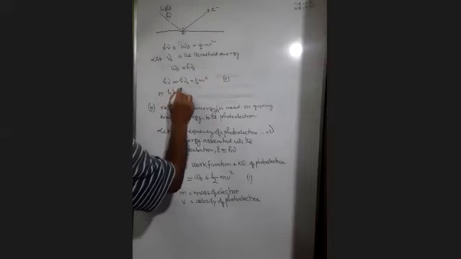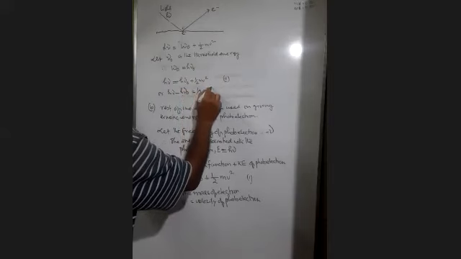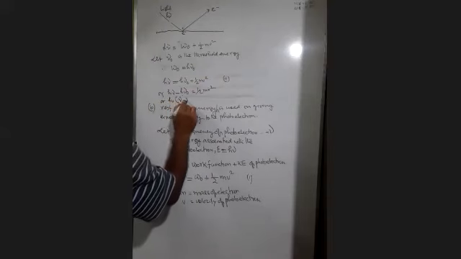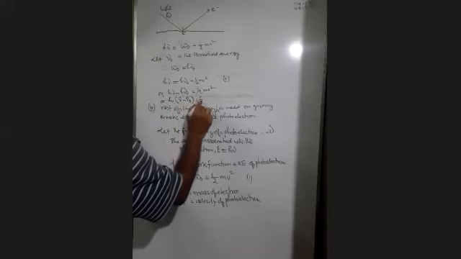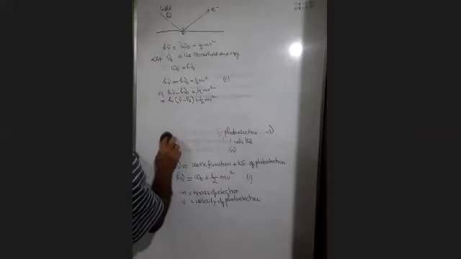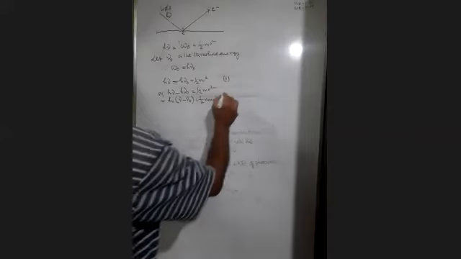I will not go for a shortcut, too much shortcut is not good, sometimes you get confused. I can take h common: h into nu minus nu 0 is equal to half mv square. So this is the equation.